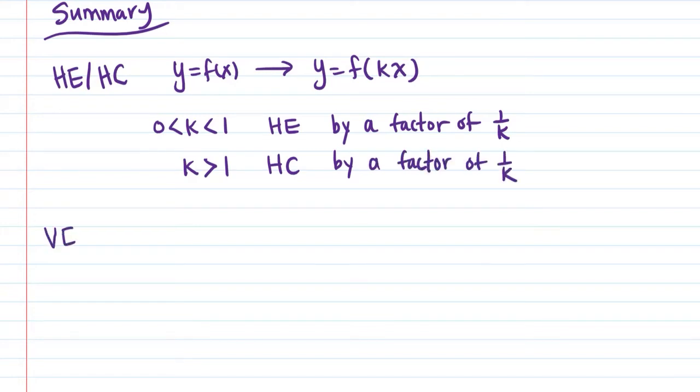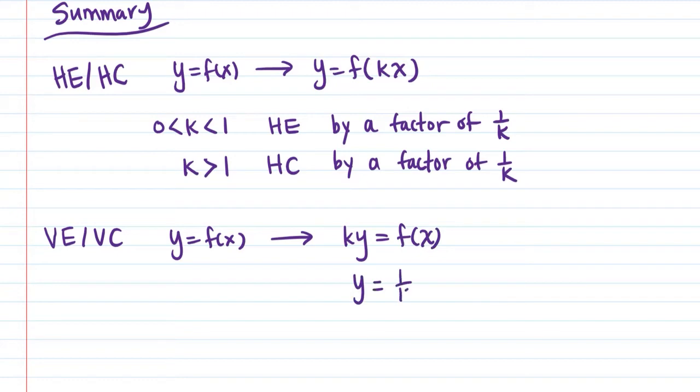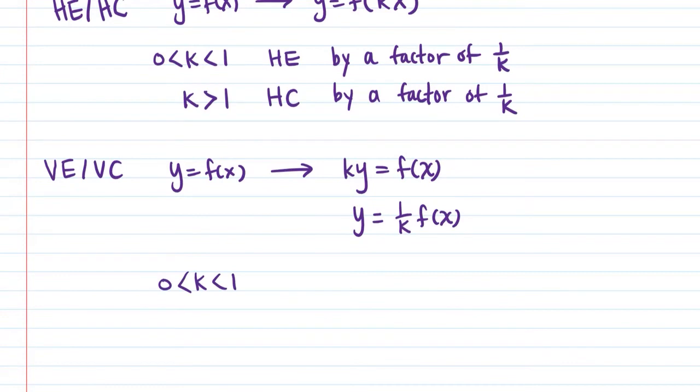For vertical expansion and vertical compression, ky is equal to f of x, or y is 1 over k times f of x. When k is in between 0 and 1, vertical expansion is happening by a factor of 1 over k.